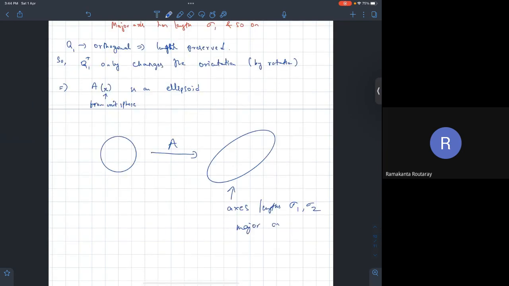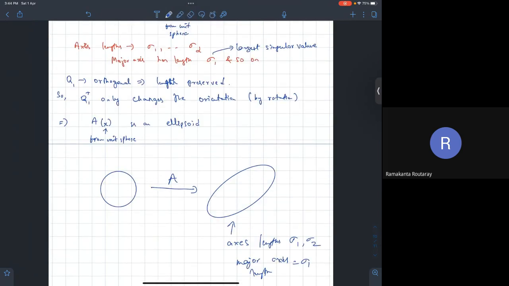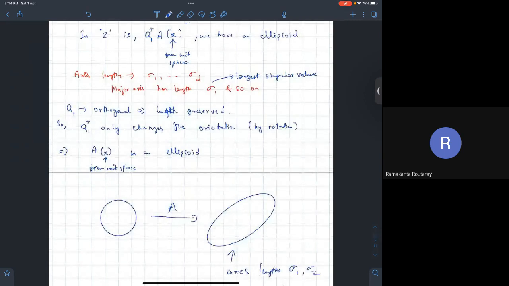Major axis length sigma 1. Got it? So I can justify this interpretation only using SPD. Understood?